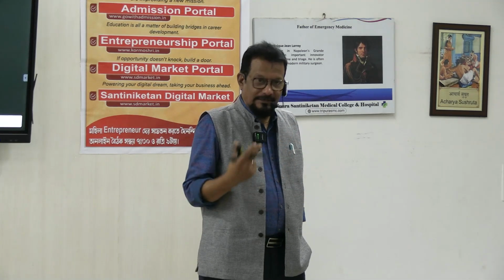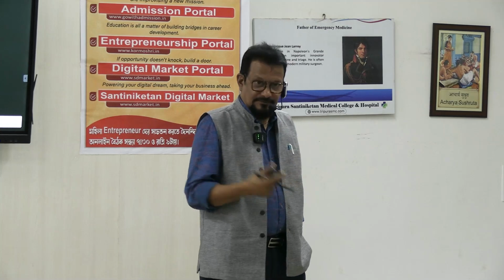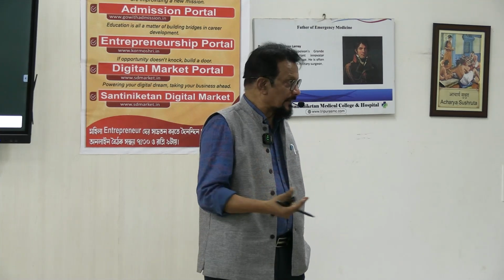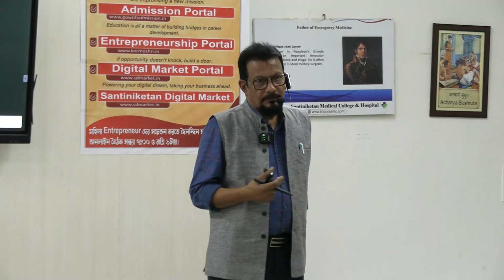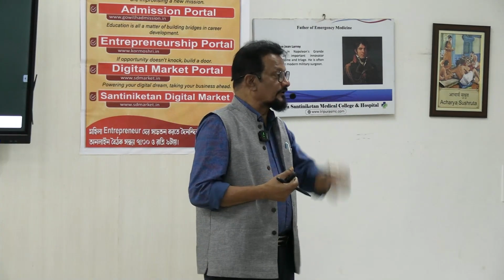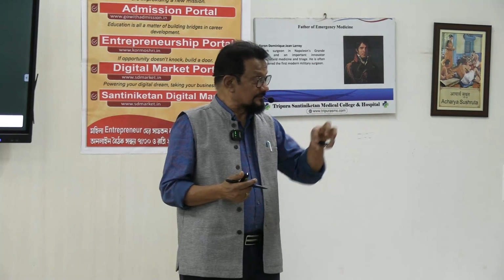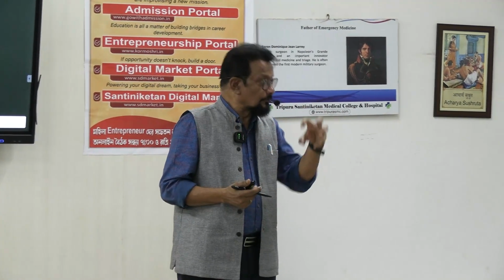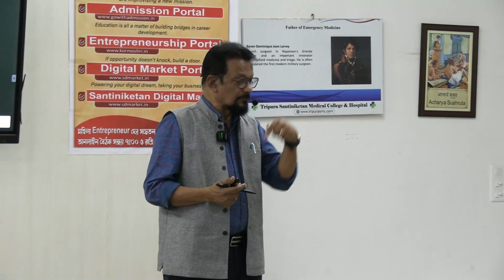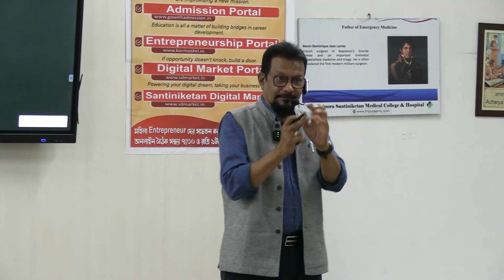Through food, some injurious substances, foreign bodies, some bacteria or viruses may enter, so they will destroy those through inflammatory reactions. That is why they are present in the digestive system, to give protection.